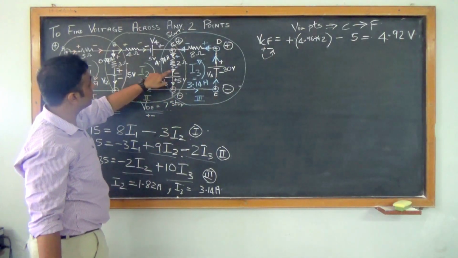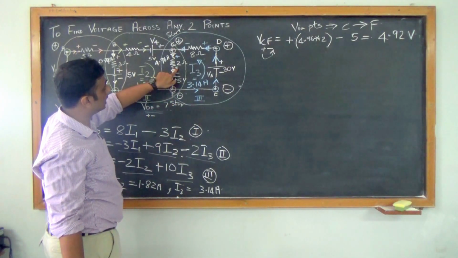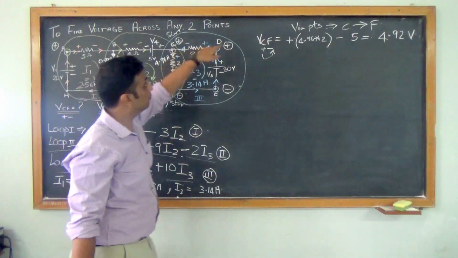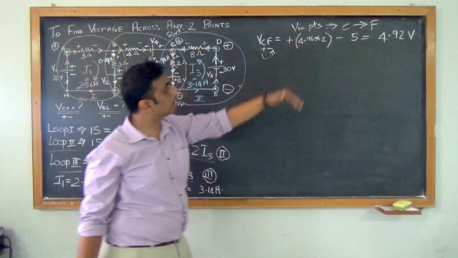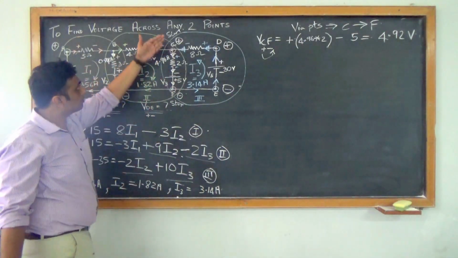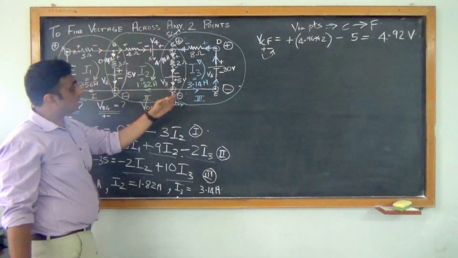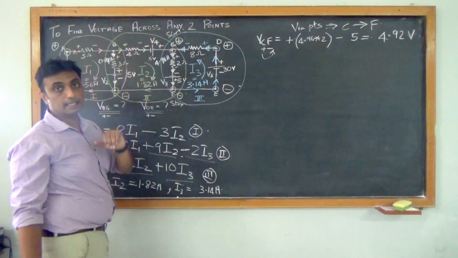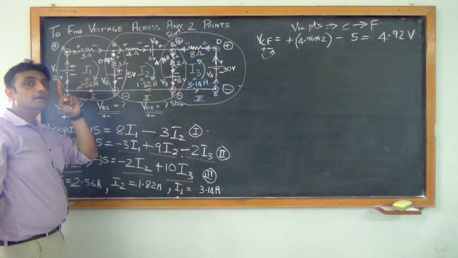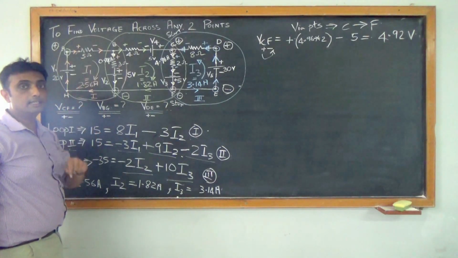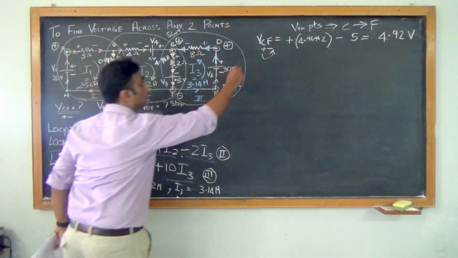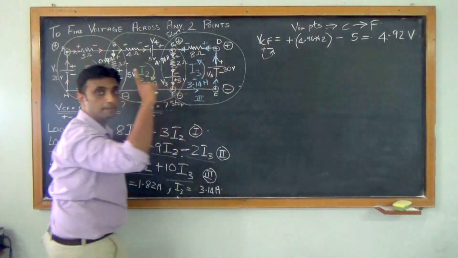Then again, moving on top. The first terminal it comes in contact with is negative. Again, negative into negative, positive. So we will get the same value. So either you can start from C and go to F, or you can start from F and go to C. The only point of consideration you have to take into account is the polarity of the first terminal.